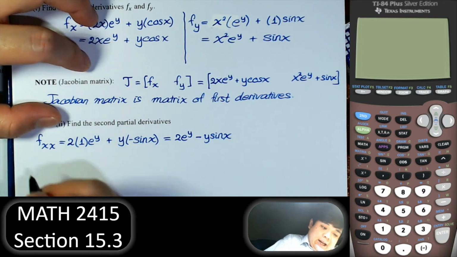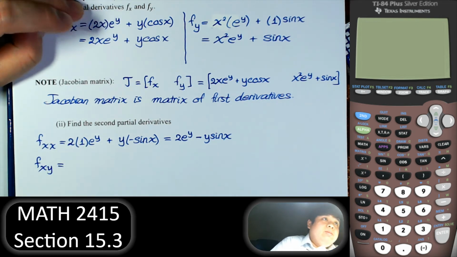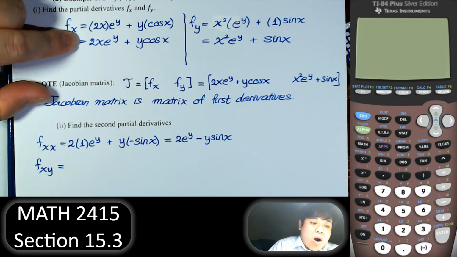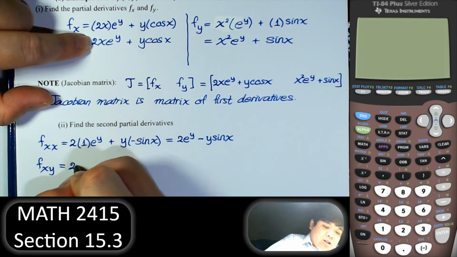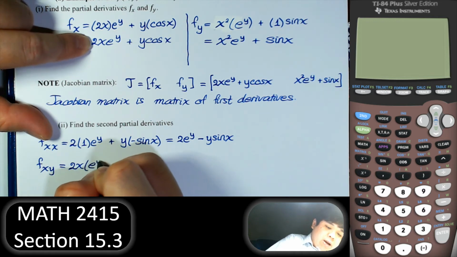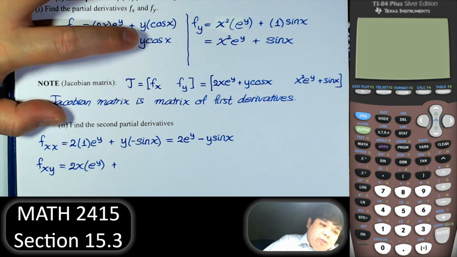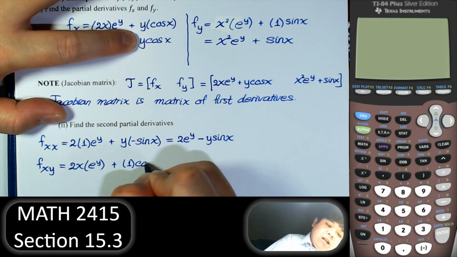Right. Now the derivative fxy. So we already took the derivative with respect to x. Now we take the derivative with respect to y. Now in this term, with respect to y, x is constant. Derivative of e to the y with respect to y is 1. Cosine of x is a constant.